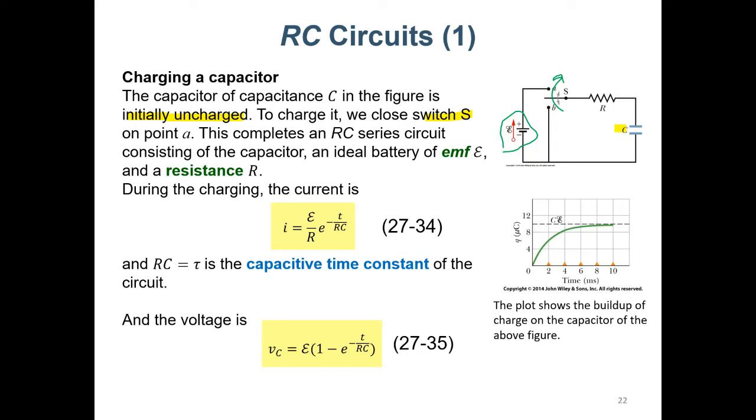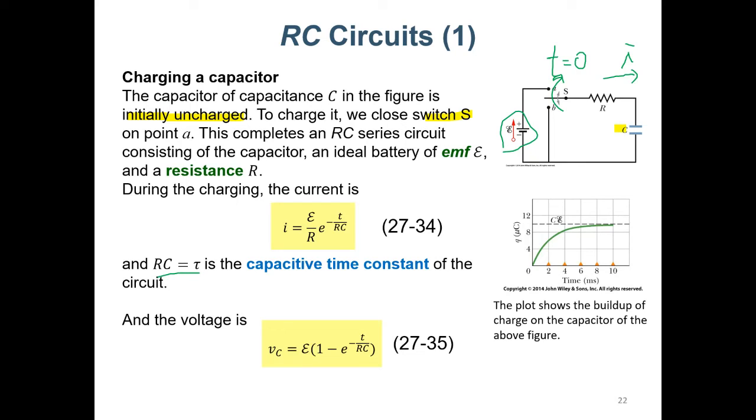So the current will be, at t equals 0, then the current I will be E over R times e to the minus t over RC power, something like this.